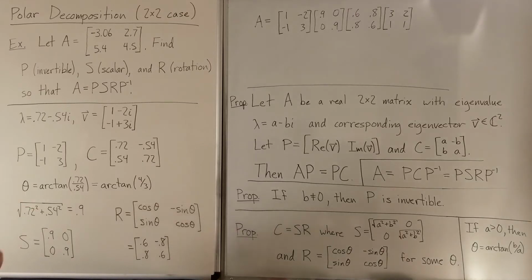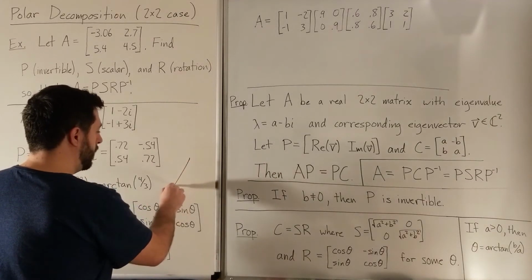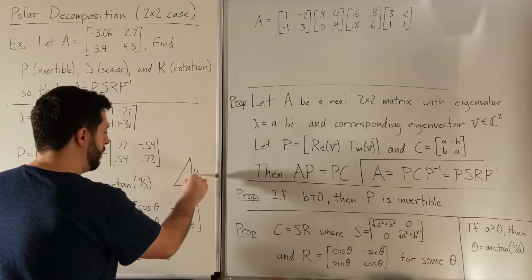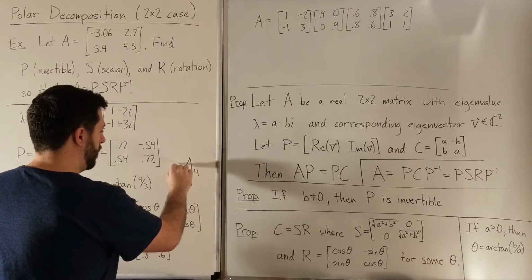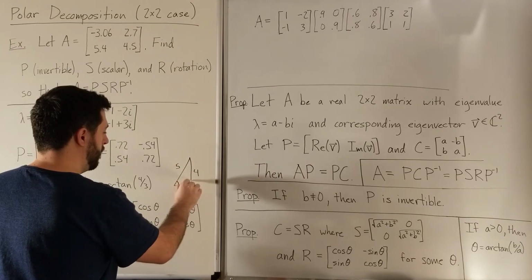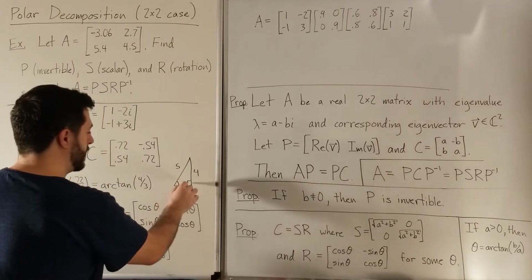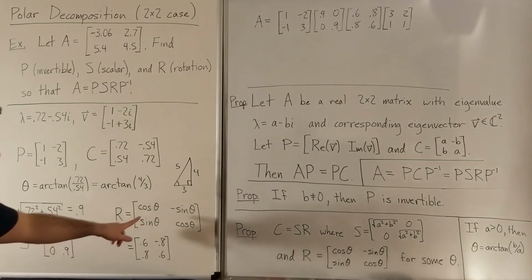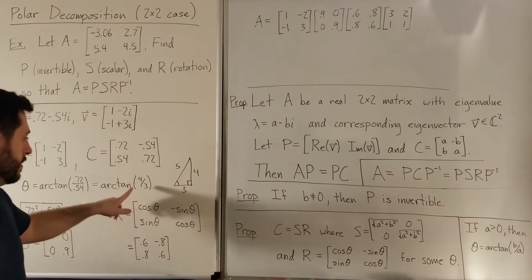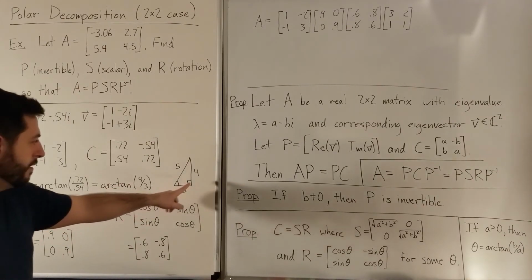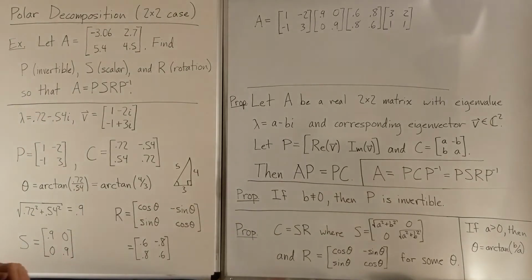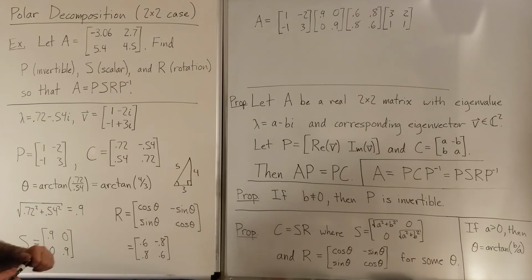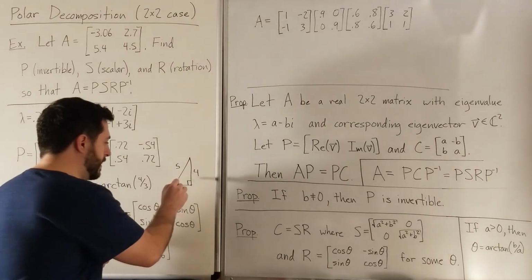So theta is an angle on this nice 3, 4, 5 triangle. So it's a right triangle, and to note, it's the arctan of 4/3, so 4 divided by 3 is opposite over adjacent, and that's why we get the arctan of that for this angle here, theta.